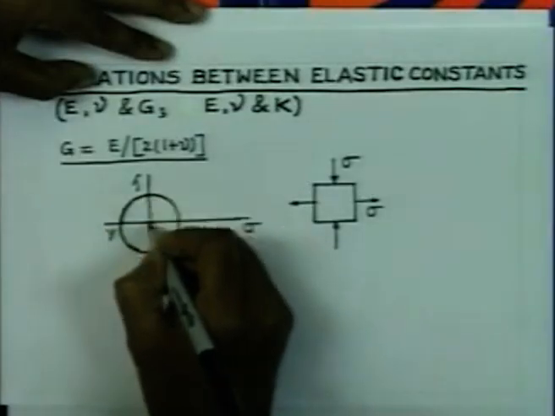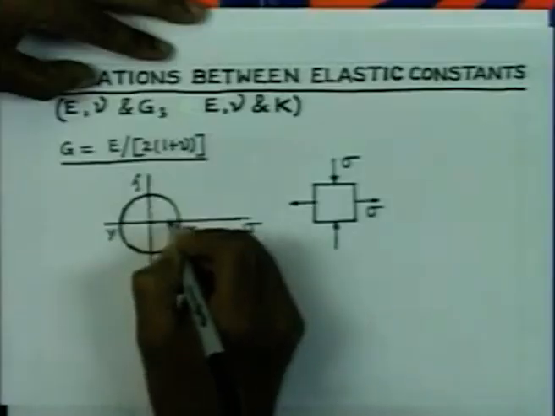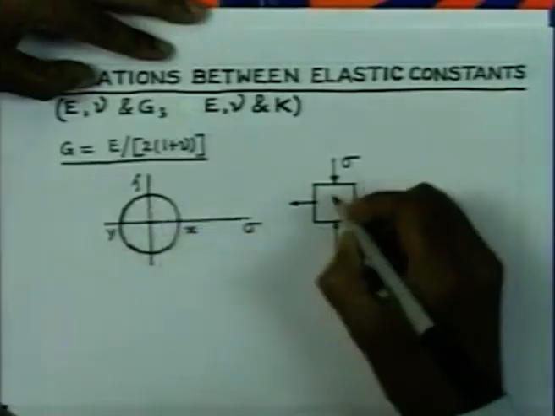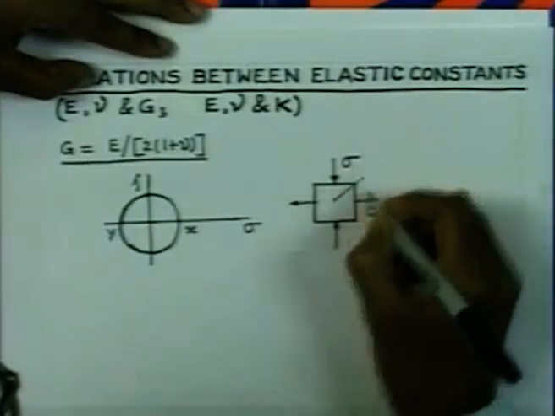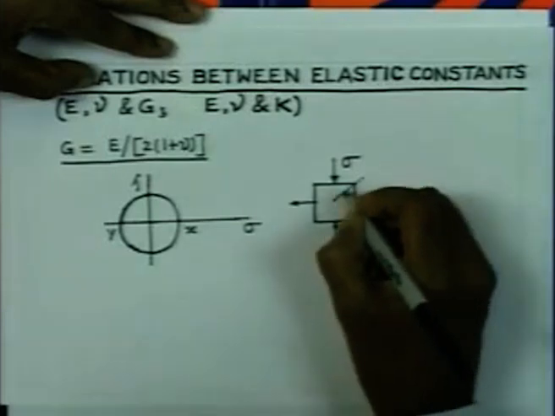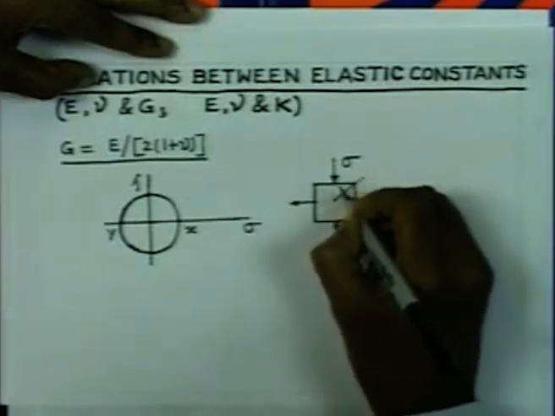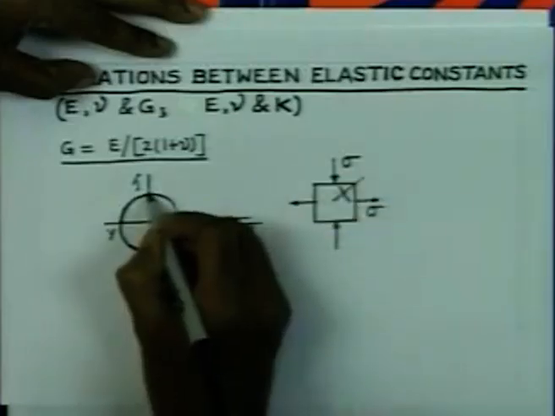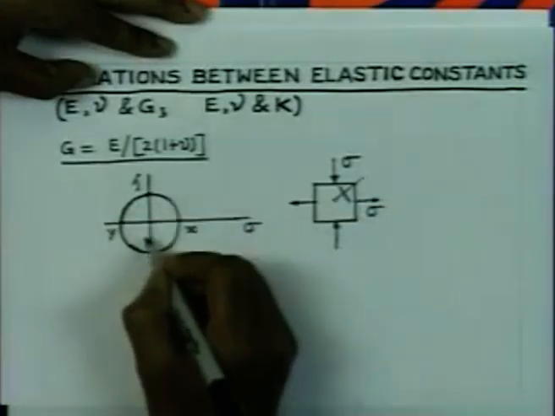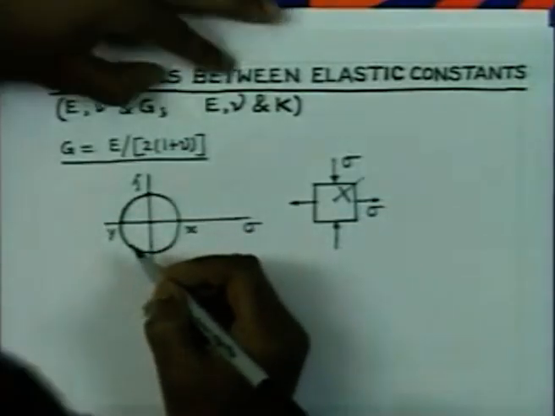Now, consider a plane at an angle of 45 degrees with the positive x direction. On the plane perpendicular to it, we are going to get no normal stress, and there is a shear stress of magnitude equal to this radius, which is nothing but sigma in this case.